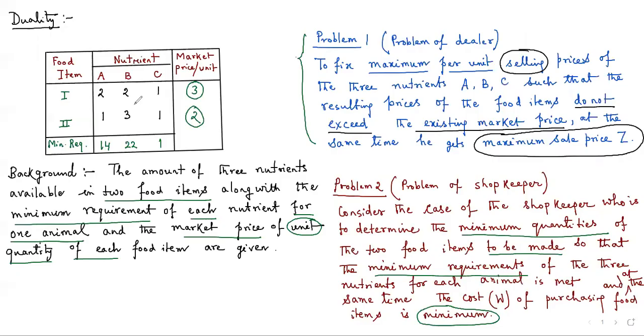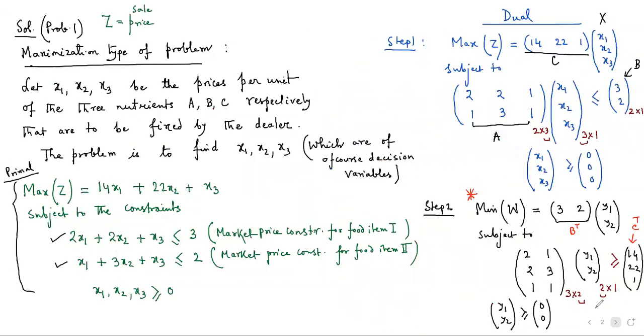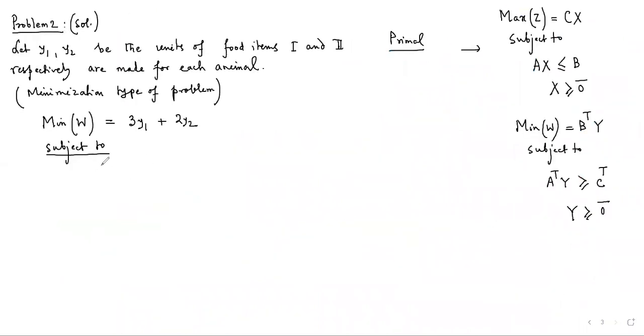now just look at the table. If I consider the columns for nutrient A, nutrient B, and nutrient C individually, we have to maintain the minimum requirement of the nutrients in the food items. So if I stick to nutrient A, then for this particular column, to maintain the minimum requirement, we must write the constraint 2y1 plus y2 greater than or equal to 14.